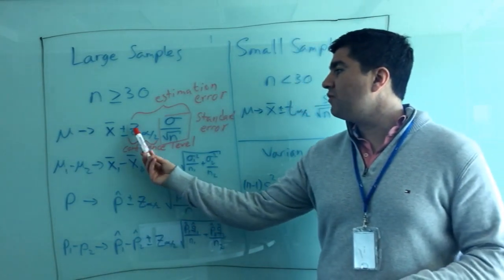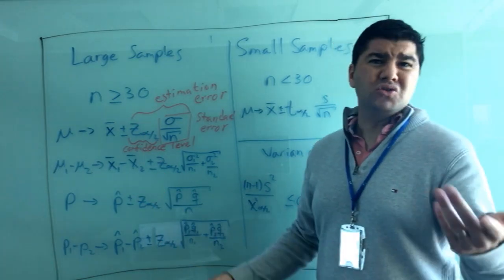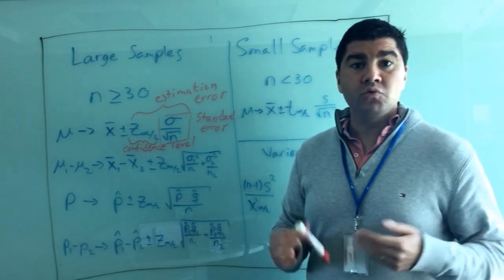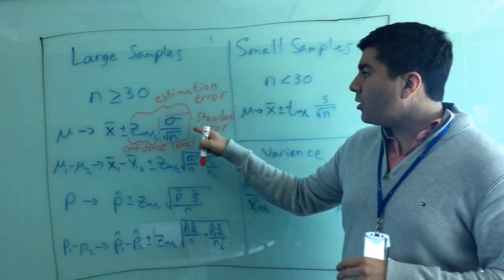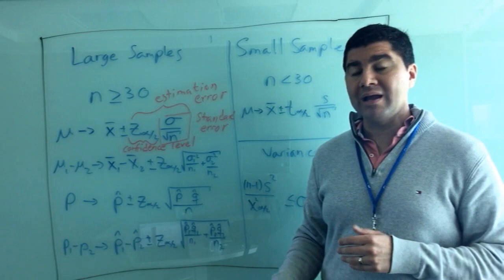We always have a confidence level, in this case represented by this C. We're going to see in the examples how this C just refers to our standard normal distribution. But the standard error changes formula by formula.